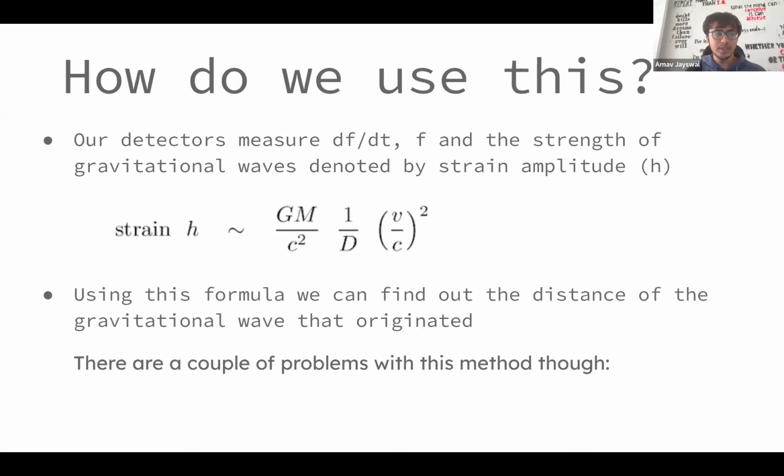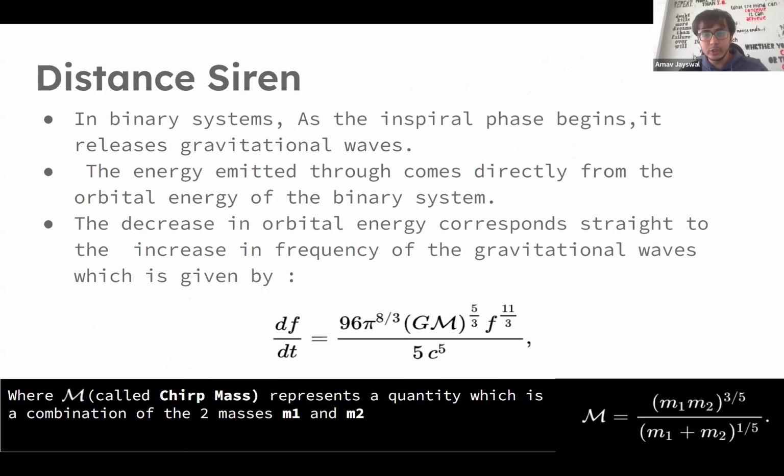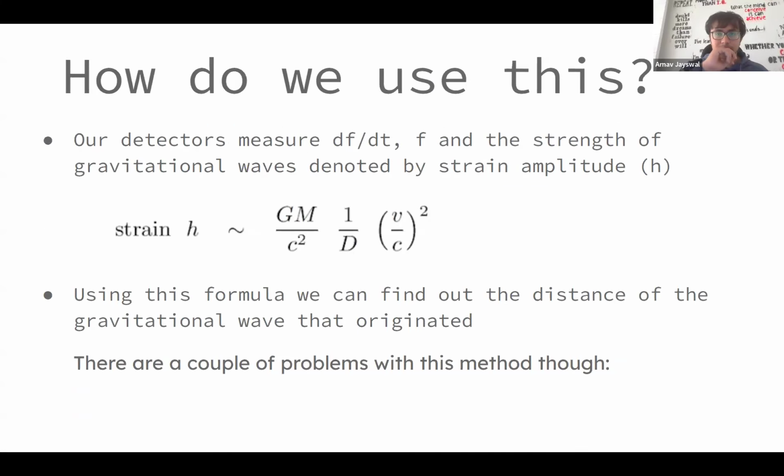Just to summarize, the detector will measure the strength of the gravitational wave, the frequency of the gravitational waves, and also df by dt. Based on f and df by dt, you find out the chirp mass, and based on the chirp mass, you can use the formula that the strain amplitude is proportional to G into this chirp mass by c squared into 1 by d into frequency squared. v by c is just frequency.